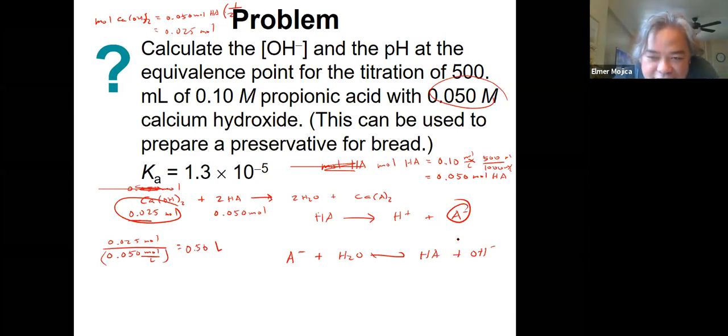I need to get the exact concentrations of this. All I know as of now, I have 0.05 moles here that also produce 0.05 moles here. Why? Because I reacted with hydroxide, and the hydroxide will force it to dissociate 100%. Now, what am I missing so that I can get the concentration of my A minus?